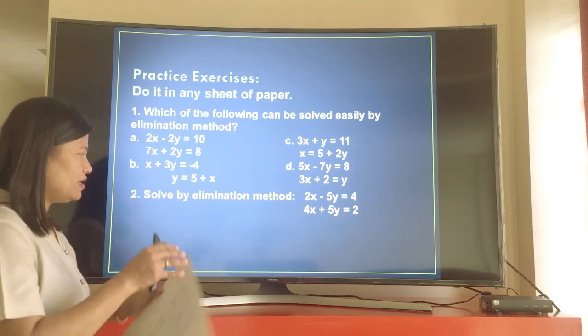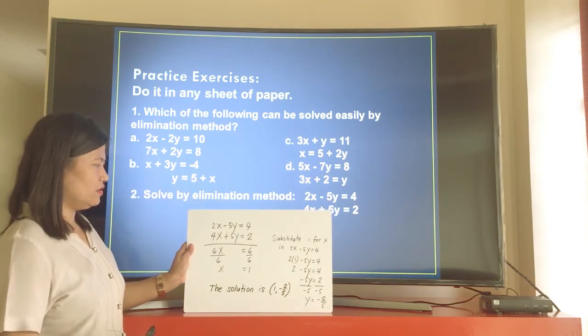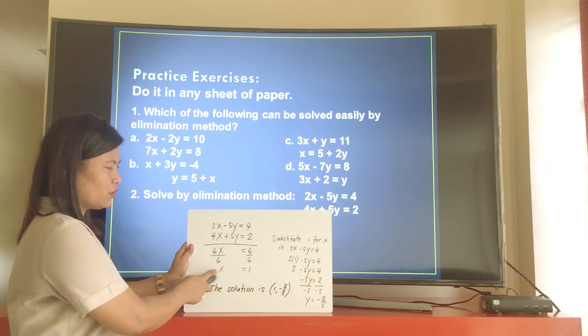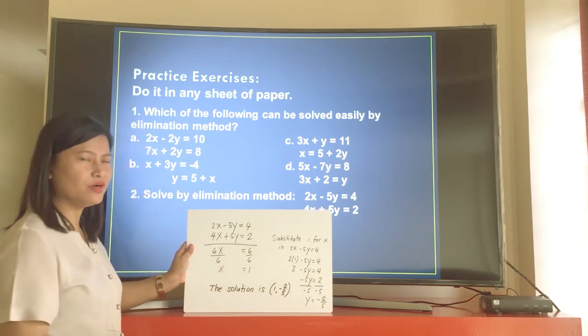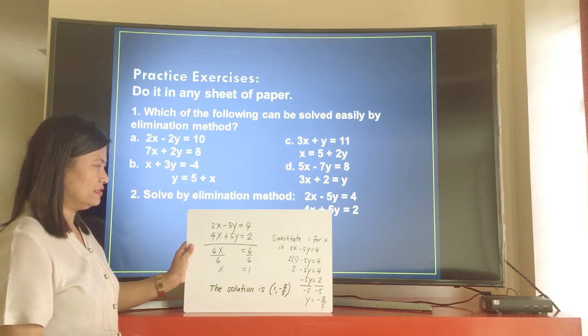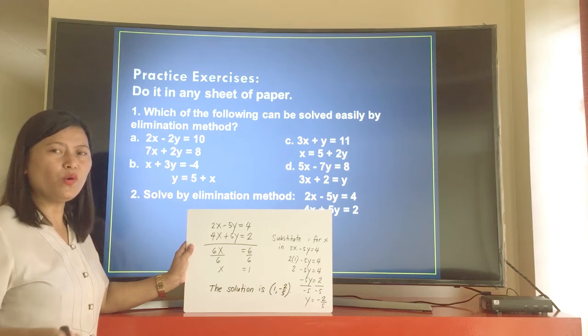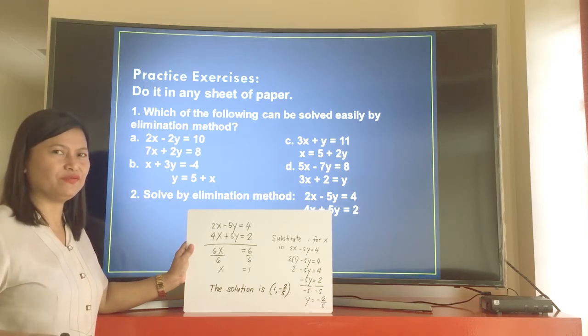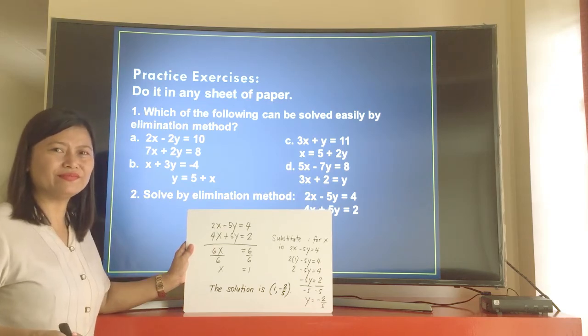I have here with me the solution for number 2. We have the value of x, 1, and the value of y is negative 2/5. We have the solution of the given system, (1, negative 2/5). Did you get the correct answer in number 2?